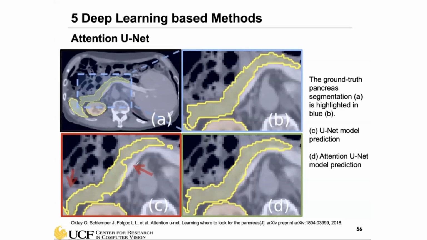These arrows highlight that using the attention mechanism, the prediction can be more accurate, and these boundaries are more accurate. So if you compute the Hausdorff distance, it will definitely be smaller compared to the one generated by the U-Net model.